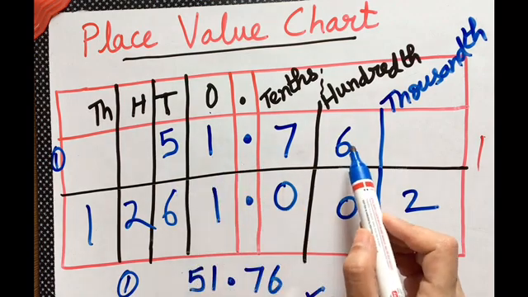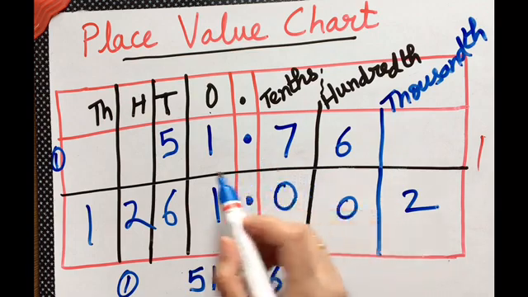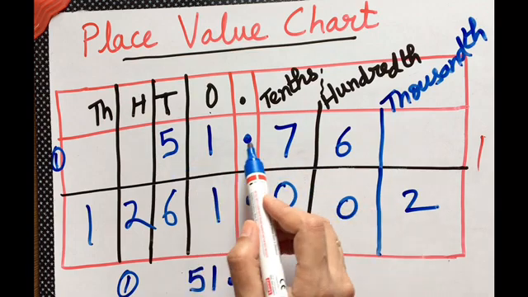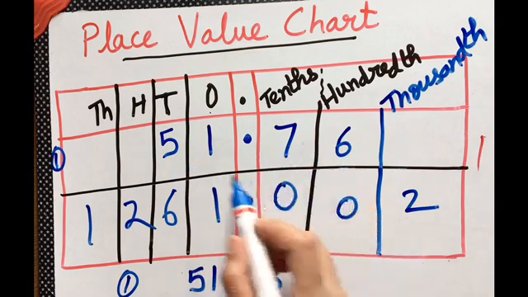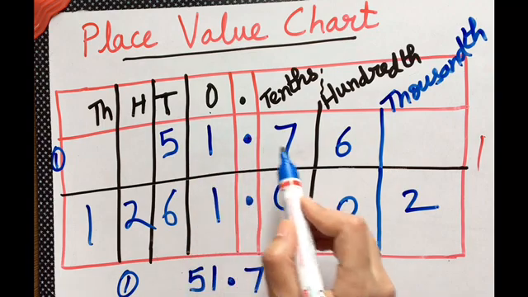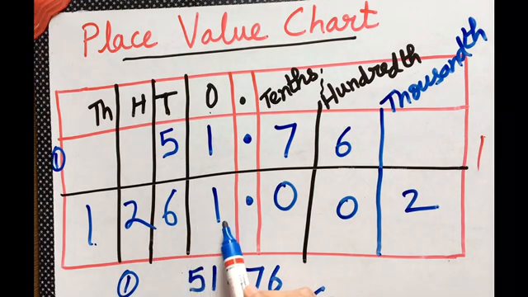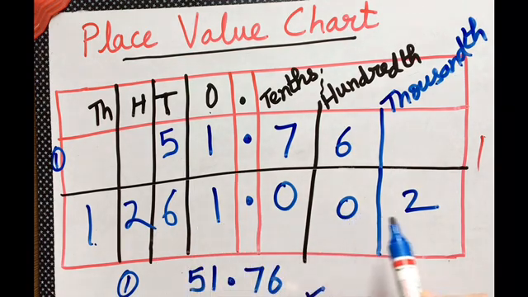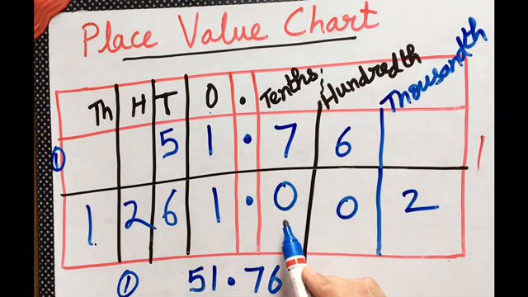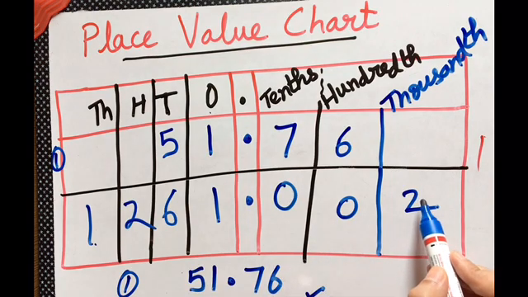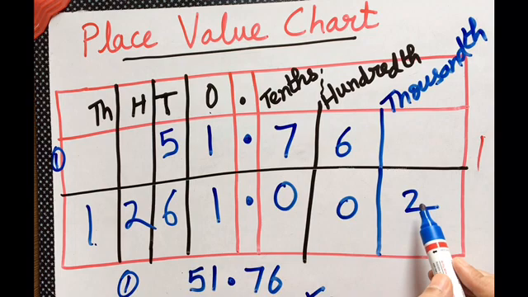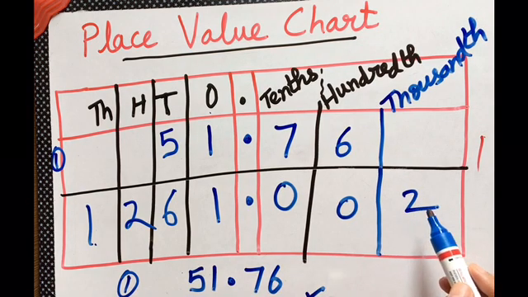So 0 at the tenth place, 0 at the hundredth place. In the same way we did earlier in 51.76, we start with the decimal point in this also. Fine. So it will be 1261.002. This way you are going to write it in decimal form in the place value table.